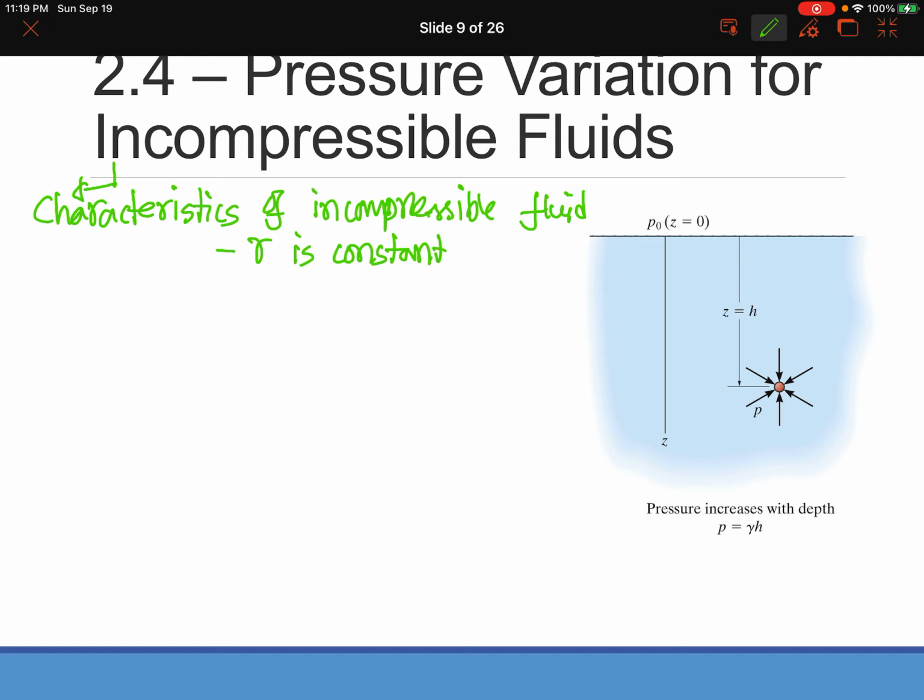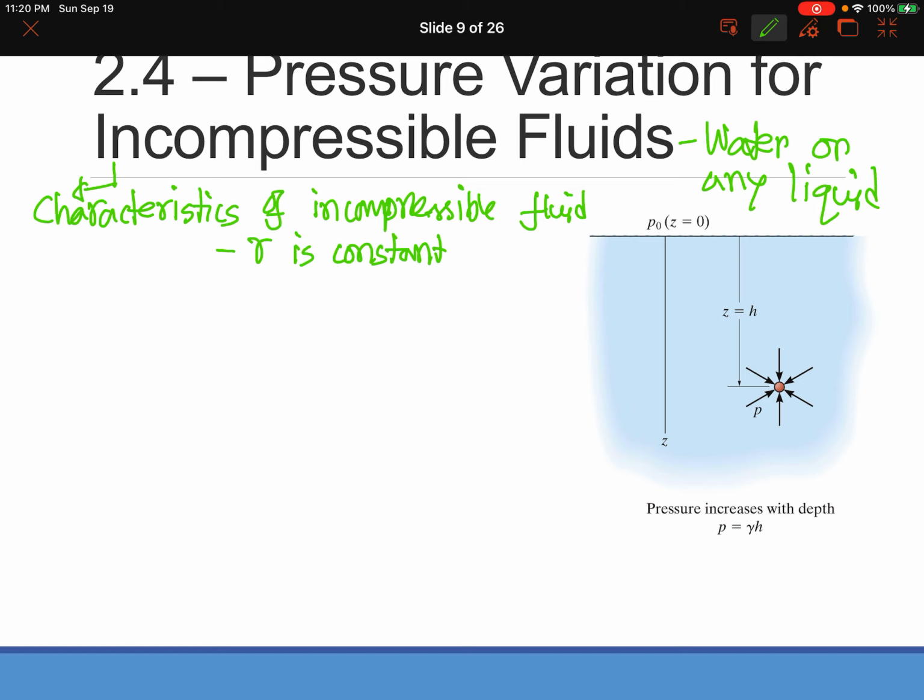That is the characteristic. And examples of incompressible fluid are water or any kind of liquid.